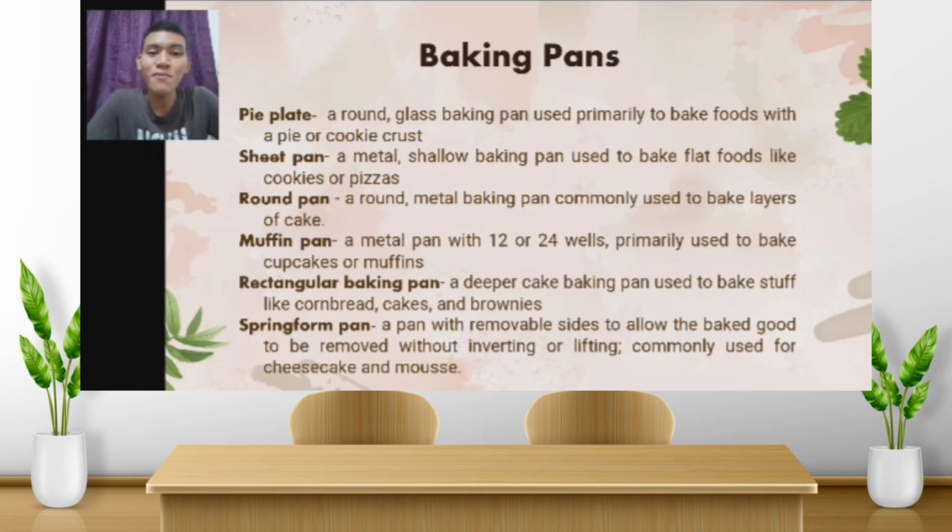So this is what you will use if you are going to bake cornbread, cakes, and brownies. We have also the spring form pan. A pan with removable sides to allow the baked good to be removed without inverting or lifting. This is commonly used for cheesecake and most cakes. Okay?